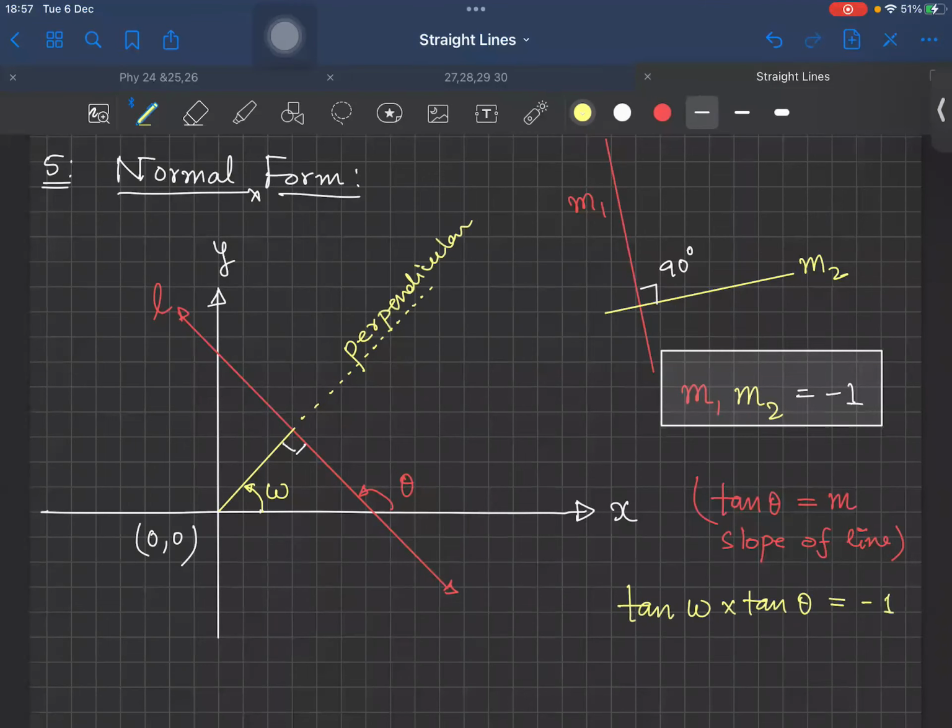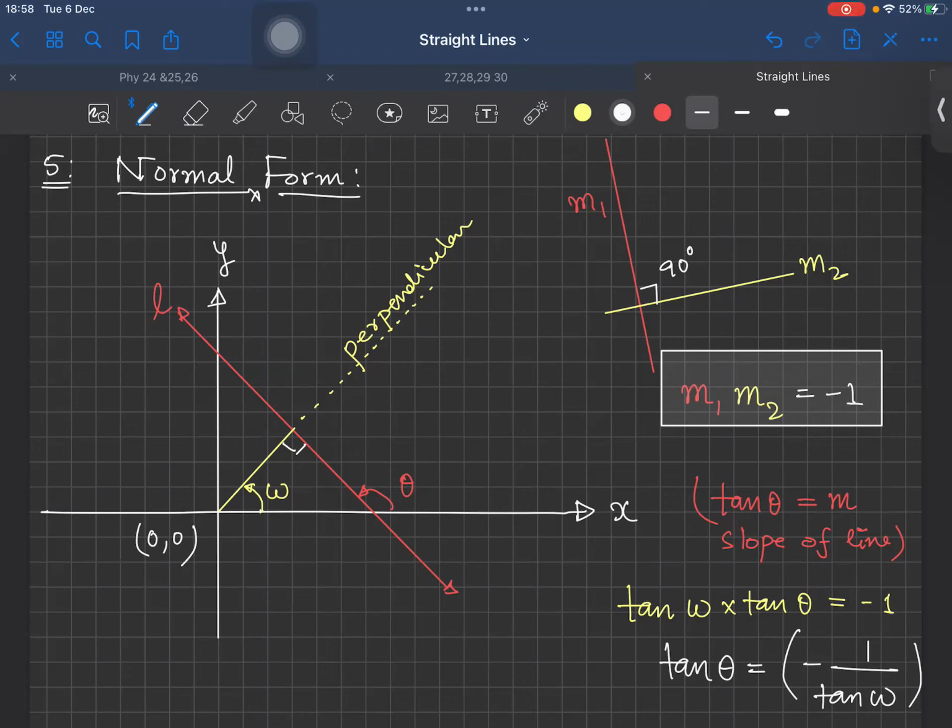If these two lines are perpendicular, the product of their slopes will be -1. Yes or no? Right. From here, can we find tan theta? It is -1 upon tan omega. Right? Yes or no?